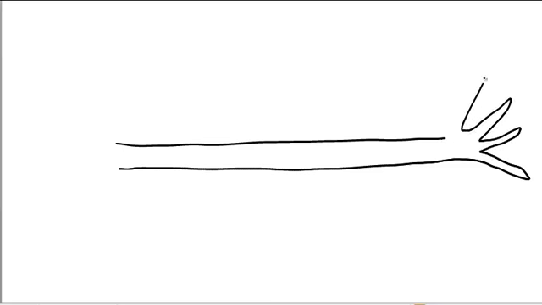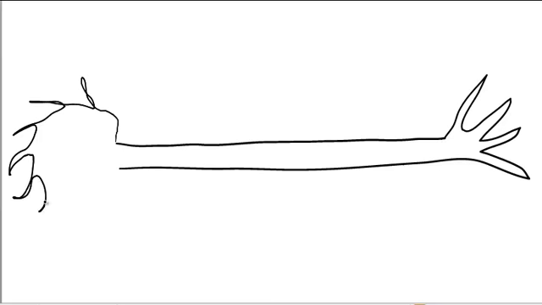So if we draw a picture here, if we go straight across our page drawing an axon, we'll make this the terminal. And up here, we can have the dendrite and the cell body.